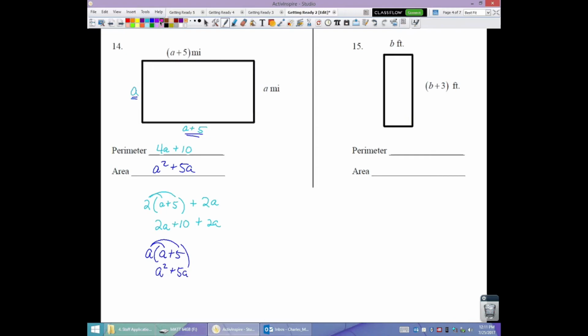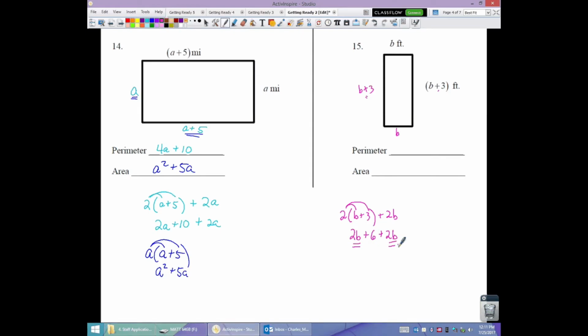Number 15, another rectangle but not a square. So the bottom is also b, the left side is b plus 3. Perimeter, I've got 2 of the b plus 3s and 2 sides that are b. So distribute, that's 2b plus 6 plus 2b.